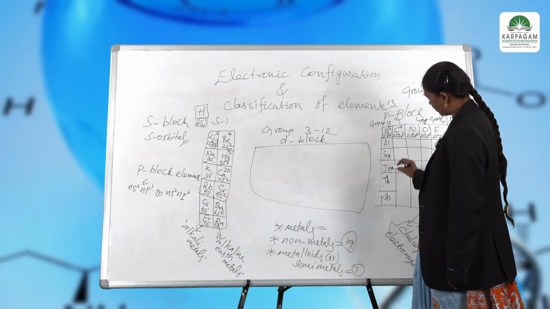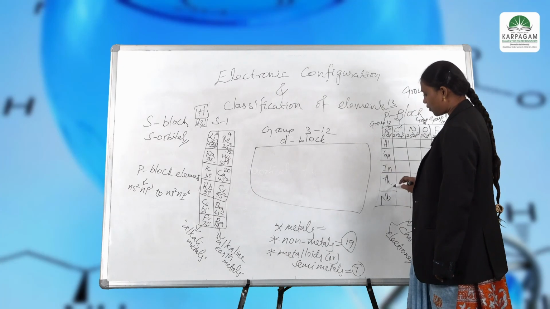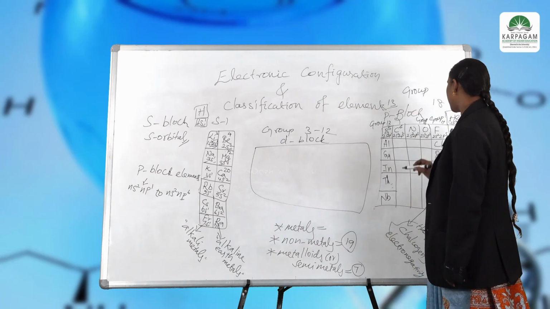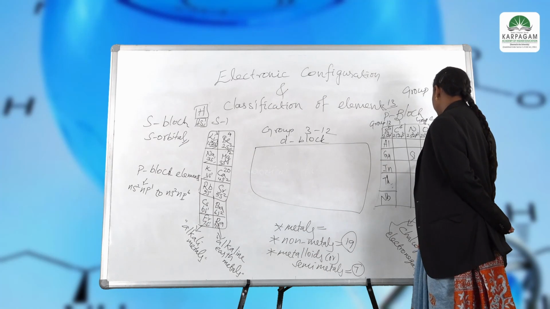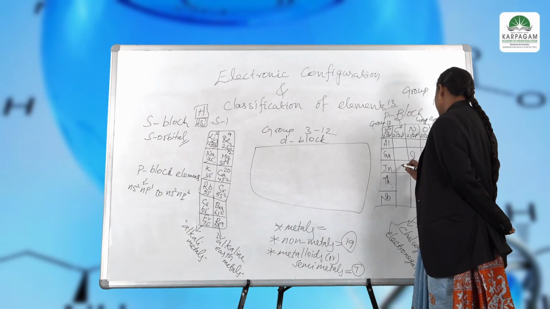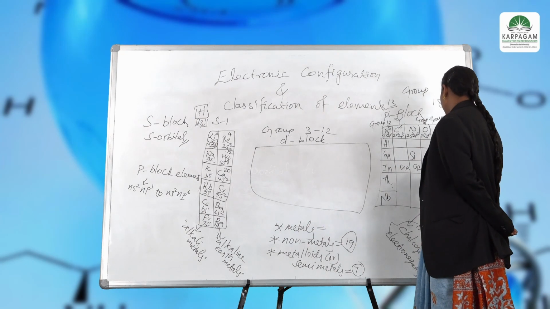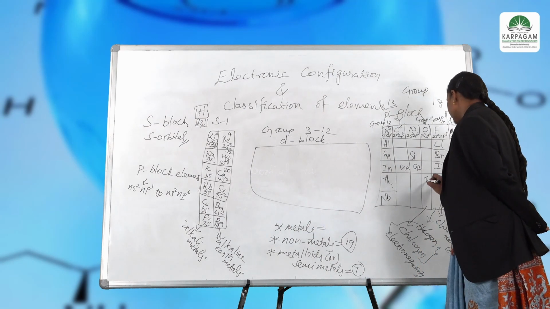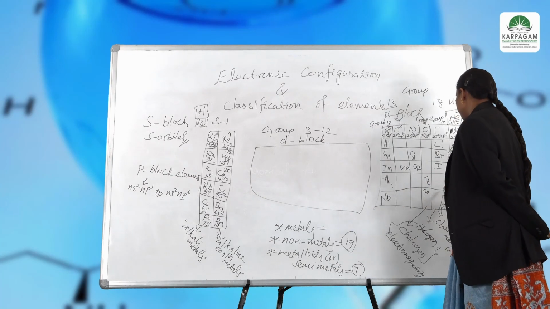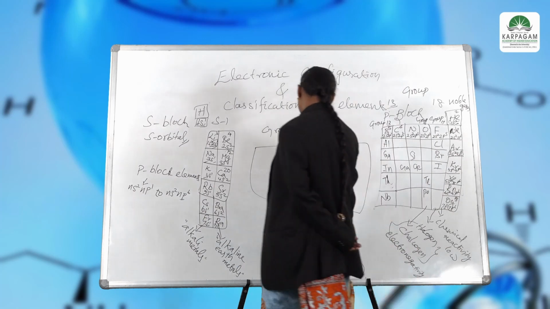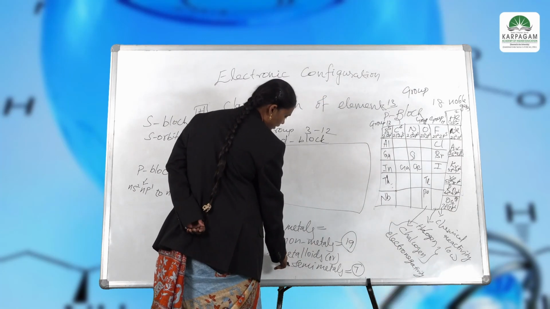The metalloids, or semi-metals, are silicon, germanium, tellurium, polonium.